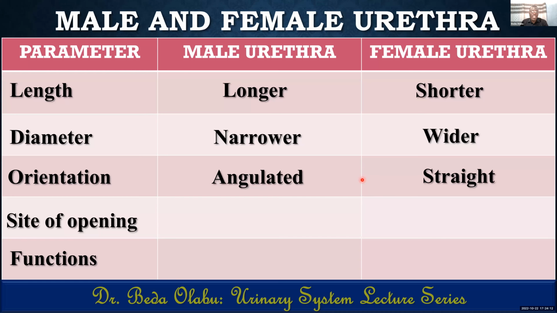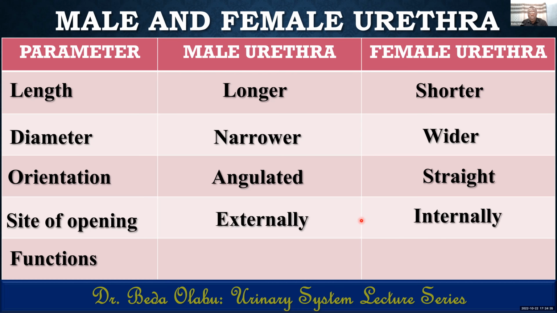If the penis is erect, then that angulation ceases to exist. The penis becomes straight. But otherwise, the male urethra is still angulated at the membranous urethra, while the female urethra is relatively straight.